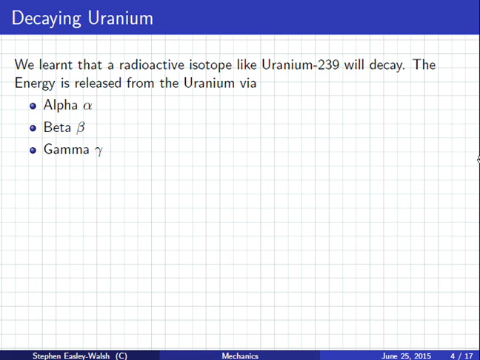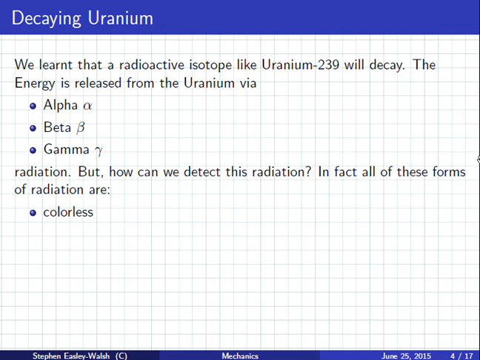When the electron comes out, one of the neutrons turns into a proton with the beta. You remember that, yeah? But we've not talked about how we can detect this radiation. So we haven't actually said what the radiation looks like. So the first thing, there's no color. So you can't see radiation.